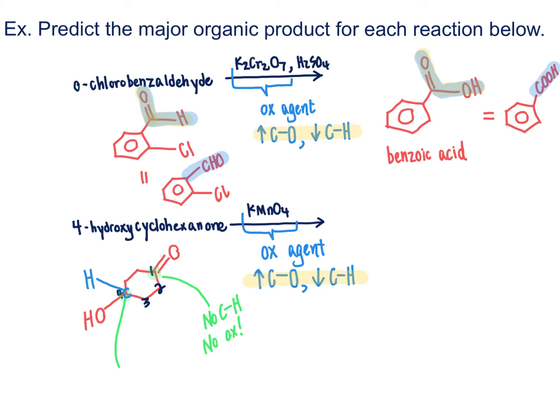With that blue hydrogen in place, it does have 1 CH bond, and that can be replaced with an extra bond to oxygen in order to oxidize the molecule, since we're treating it with potassium permanganate, an oxidizing agent. So we're going to replace that 1 CH bond with a new CO bond. How do we go about doing that? Well, the simplest way, and the way that this reaction pathway follows, is it converts this carbon-oxygen single bond into a carbonyl group to follow that oxidation reaction.